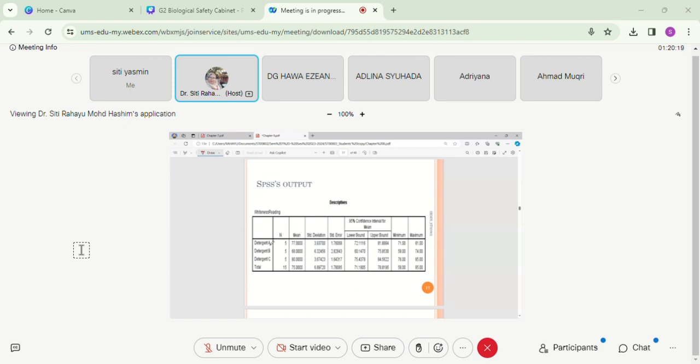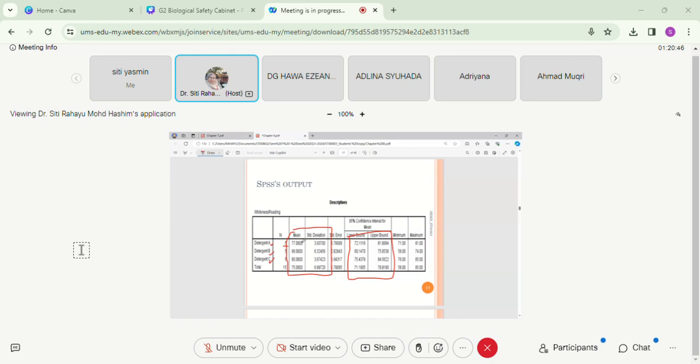We have detergent A. Once you click OK, there will be a few output tables. This is detergent A, B, and C, and the sample size is 5. These give you the mean and the standard deviation. And then this is the confidence interval of the mean.